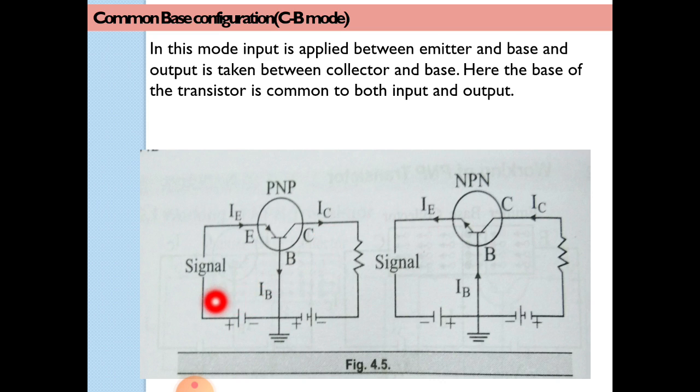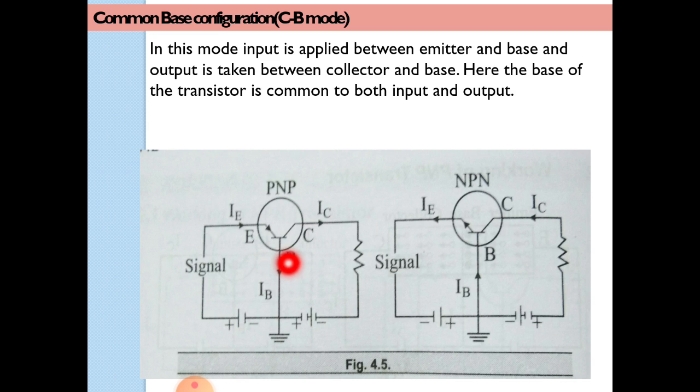From this input circuit, signals are inputted in the form of input current. Then the input current goes through the transistor, through the emitter to base junction, but the base is neutral in nature. Hence it accepts current, but then transfers it to the collector region, the output circuit.